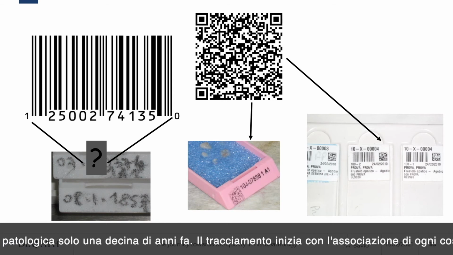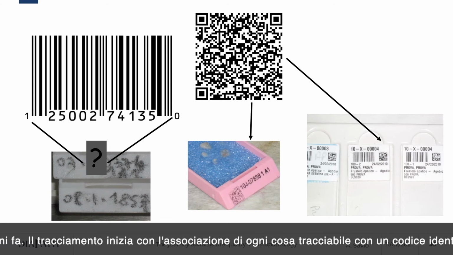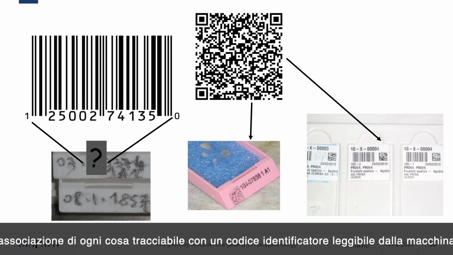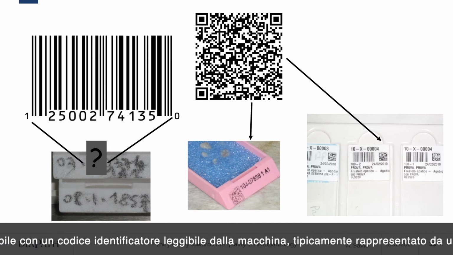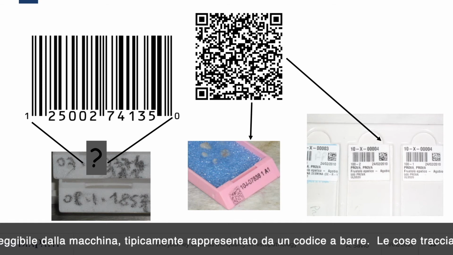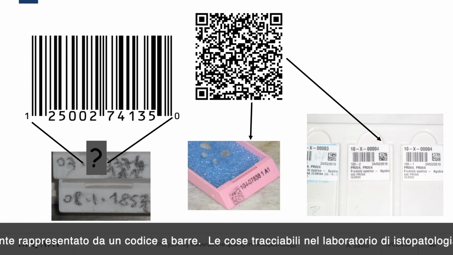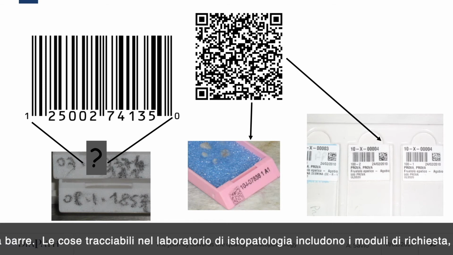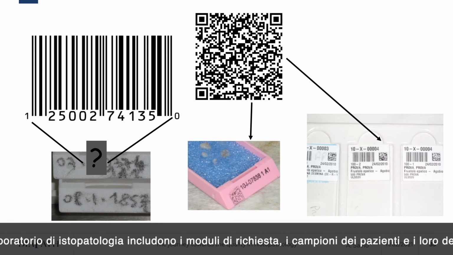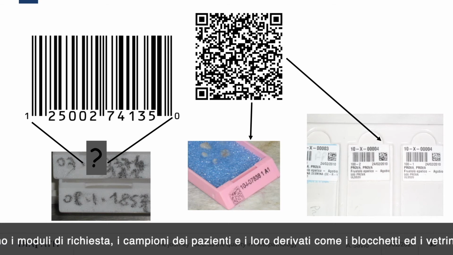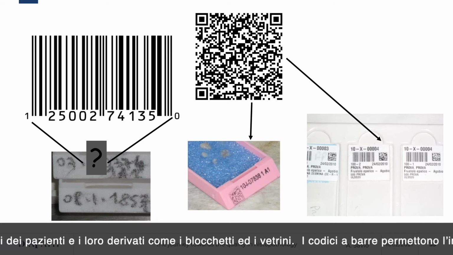Tracking begins with associating each asset to be tracked with a machine-readable identifier, typically represented by a barcode. Trackable assets in the histopathology laboratory include request forms, patient specimens and their derivatives such as tissue blocks and glass slides.